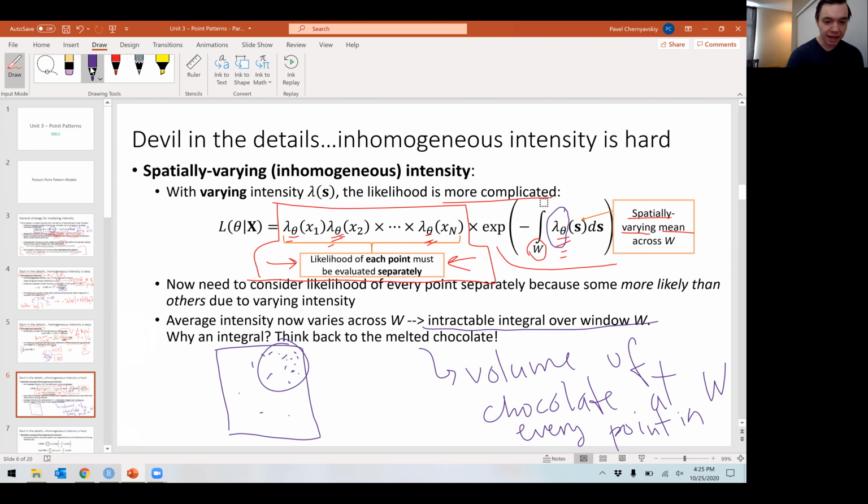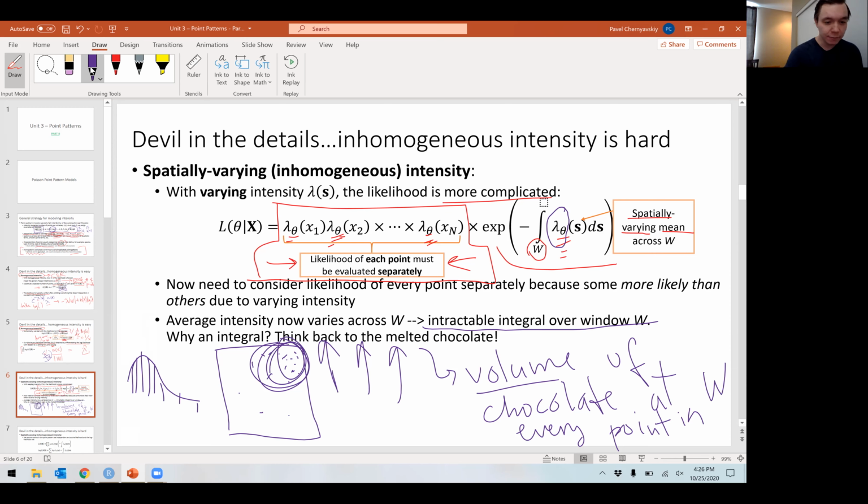There will be more, right? The chocolate will be higher here. There'll be more material. This is just the volume. An integral you can think of as adding up the heights, the area under a curve. But what we actually have is a three-dimensional curve. If you take the chocolate and melt it down, your amount of chocolate will be in 3 dimensions. So the chocolate will be higher over here.